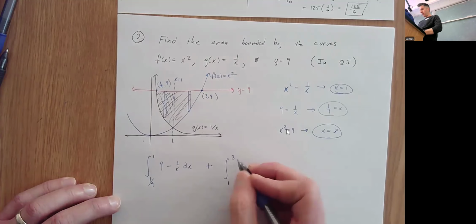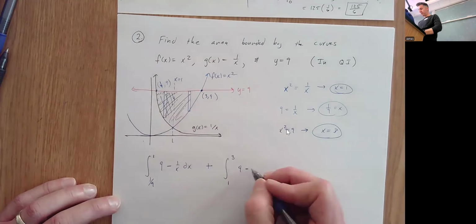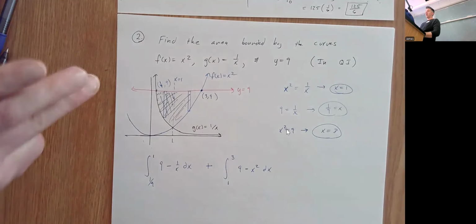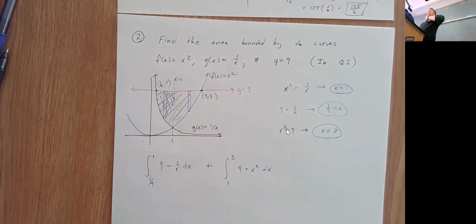The top is still 9. The bottom is x squared. We won't compute this because I want to show you something else instead, which is that we could also do this a different way.